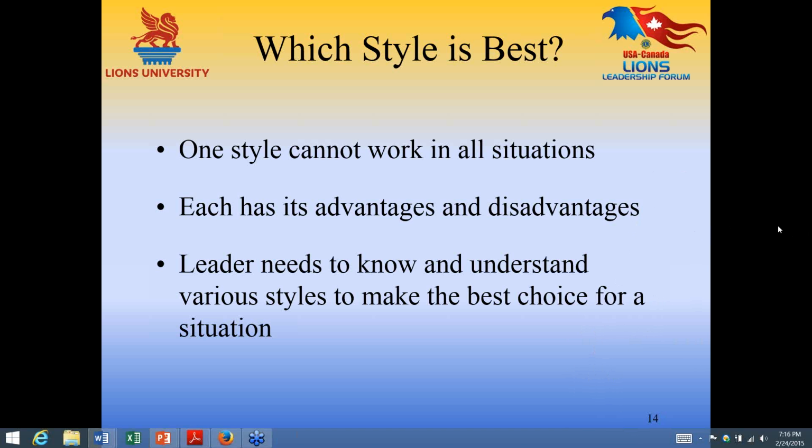Maybe they've just been named to the board. And so in a coaching situation, it's very much like mentoring. Somebody takes that person under his or her wing and helps them learn what they need to learn to take on a new responsibility, whether that's a committee chairperson or moving up to be an officer of some sort.